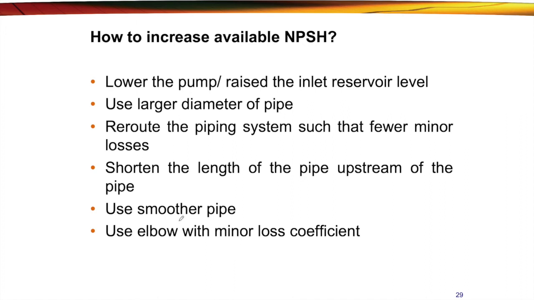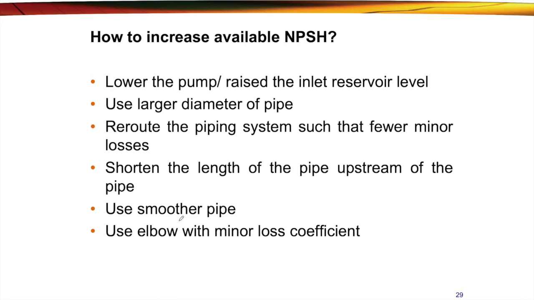And then use a larger diameter of pipe. When you use a larger diameter of pipe, you will reduce the friction of the major losses. So when the major losses are reduced, then the delta P also will be reduced.